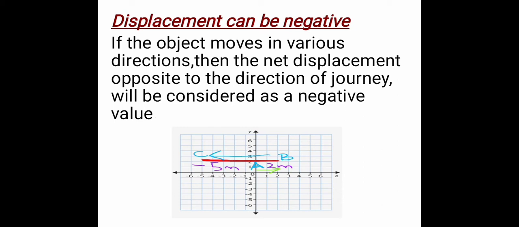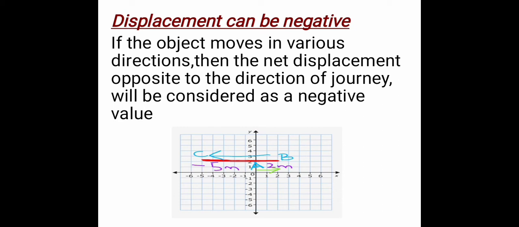In that case, if the direction of motion when it is started and the direction at which it has ended, both are of opposite directions, then the final displacement will be negative.